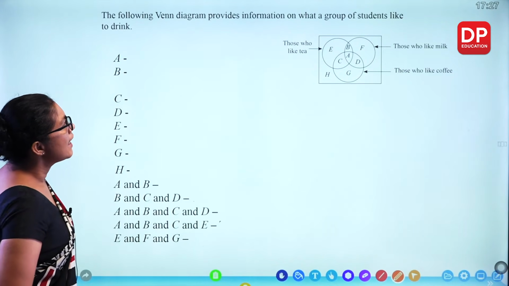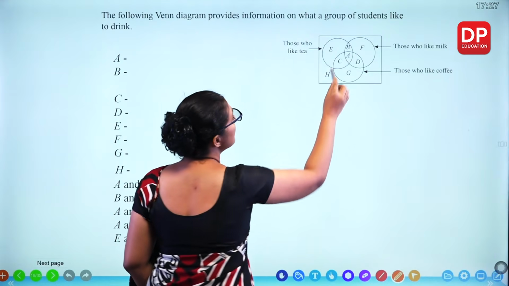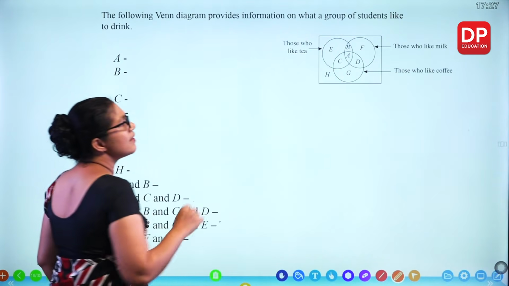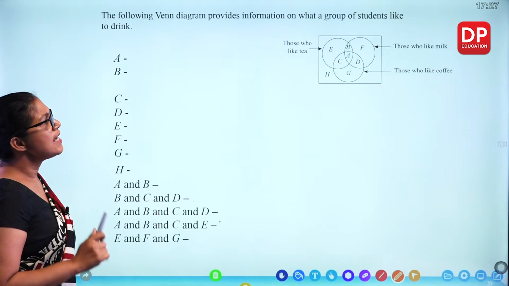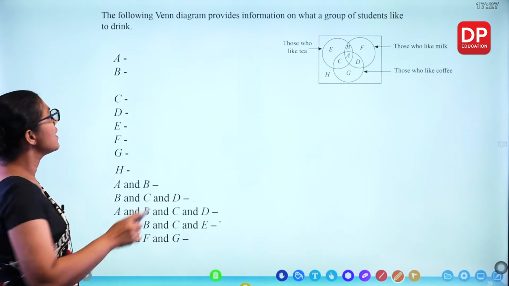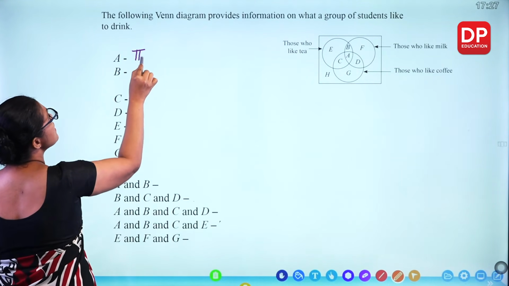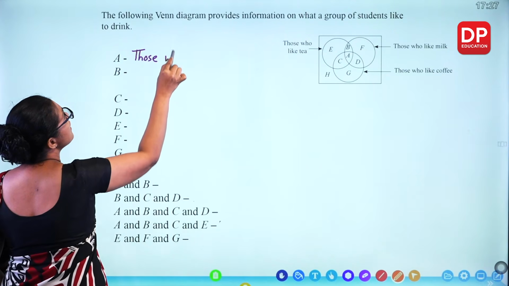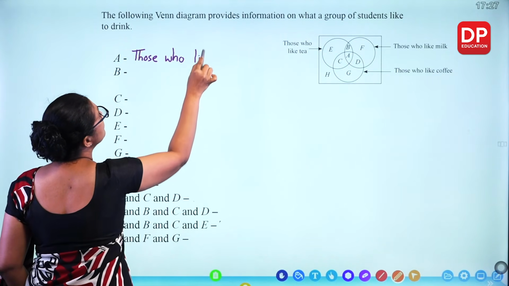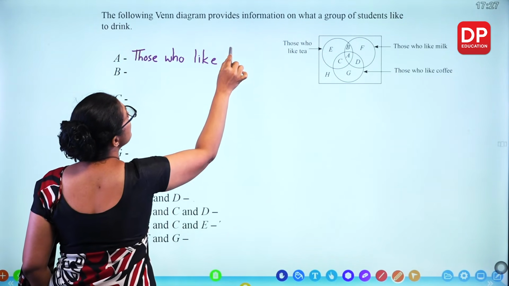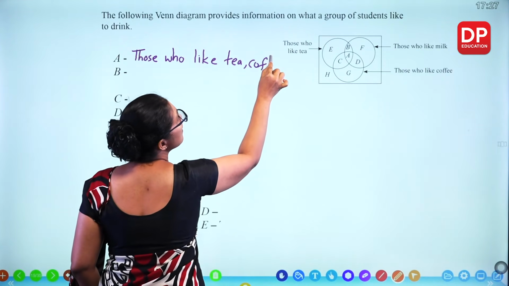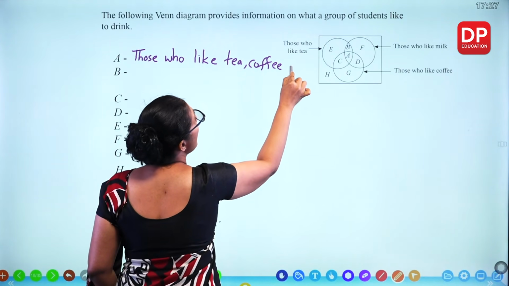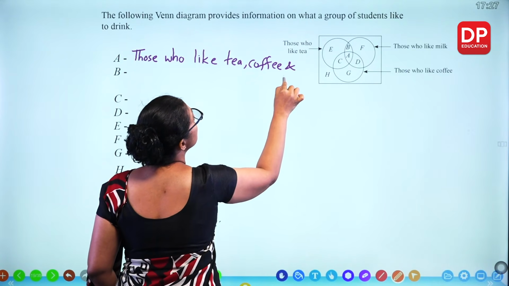A is this one. Those who like tea, milk and coffee. So we can write A is those who like all: tea, coffee and milk.